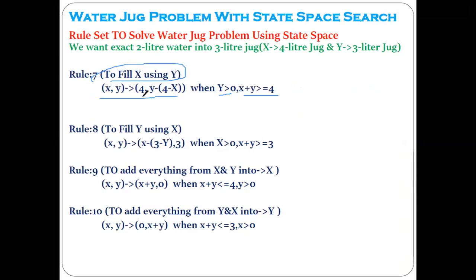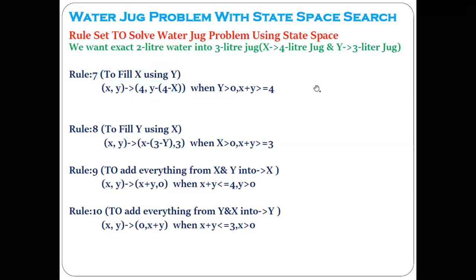It means you have to fill the water into the x jug until it gets filled completely, because its capacity is 4, and you will pour water from the y jug. This is written as y minus (4 minus x). According to the remaining capacity of the x jug, we will pour water from the y jug into the x jug. This condition is written in the state space representation as y minus in brackets 4 minus x.